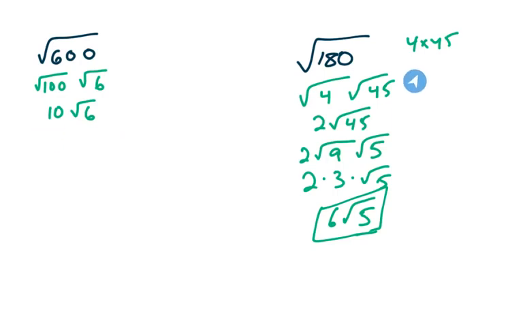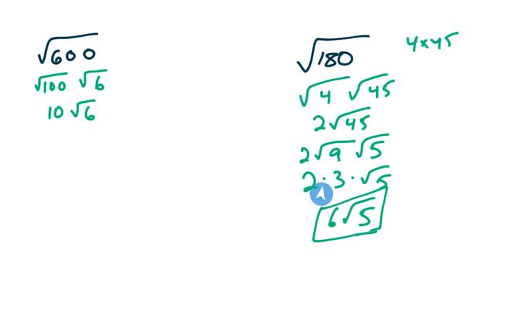So now the square root of 180 is the square root of 4 times the square root of 45. That's just what I started with. But you could have broken this up into 36 times 5. So square root of 4 is 2, square root of 45, and then I recognized 45 is not simplest. So I broke that into a 9 times 5.